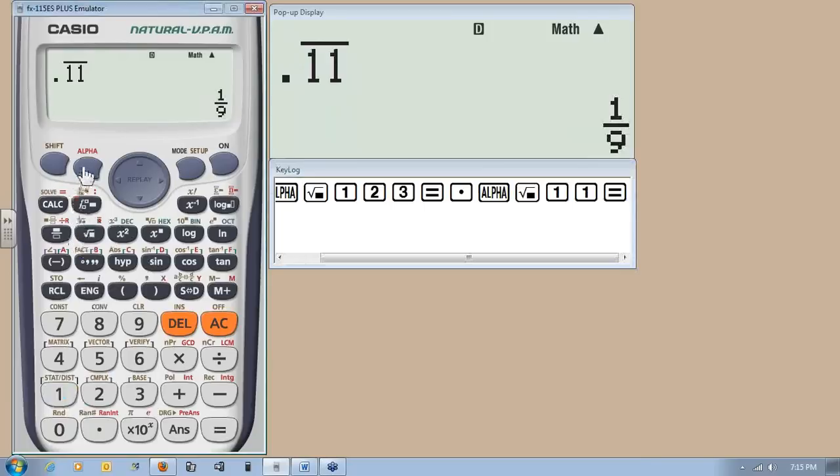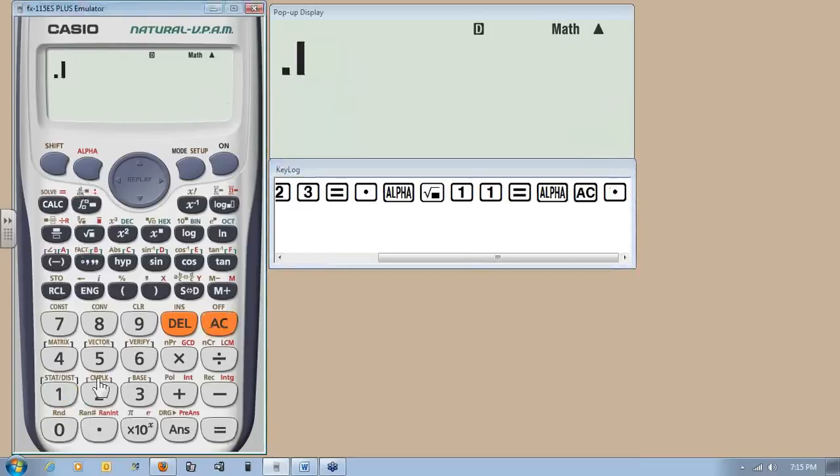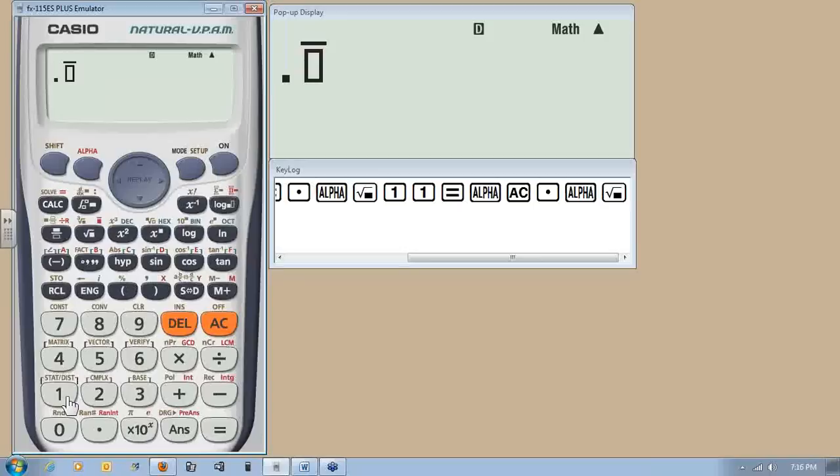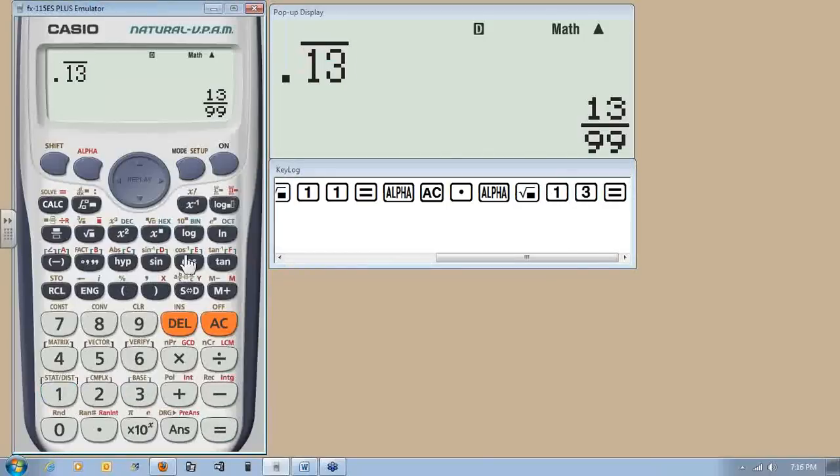Let me clear that one out. Point, repeating decimal, 1, 3. 13 over 99. So the last one was 11 or 1 over 9. Now it's 13 over 99. So let's see if we can develop a pattern.